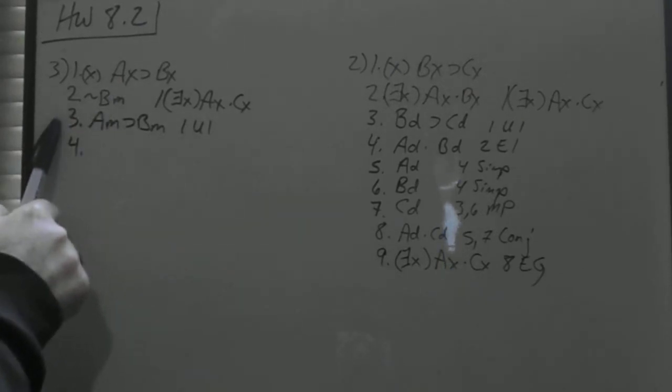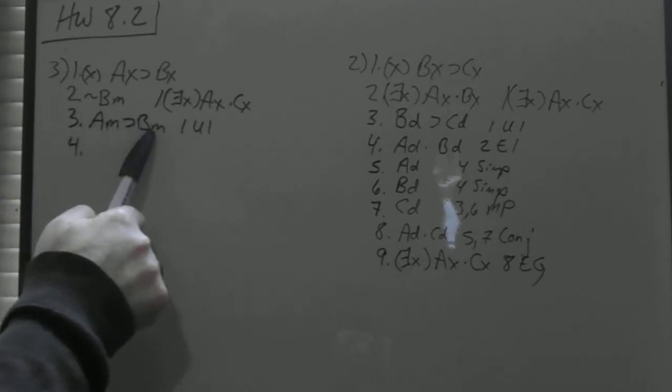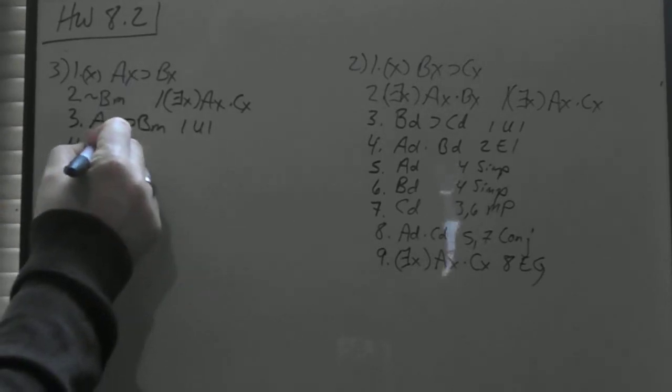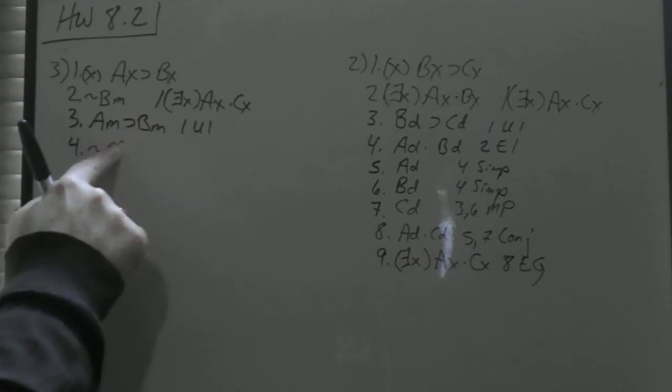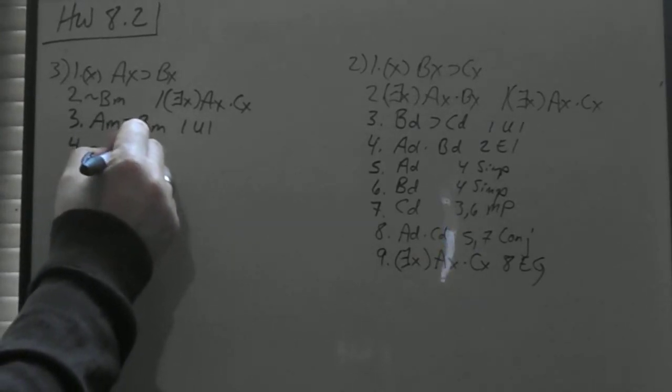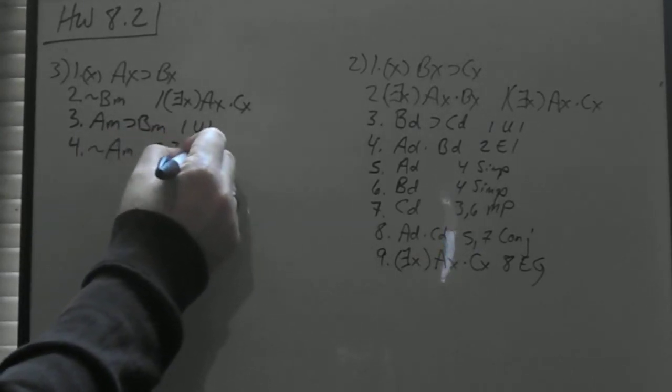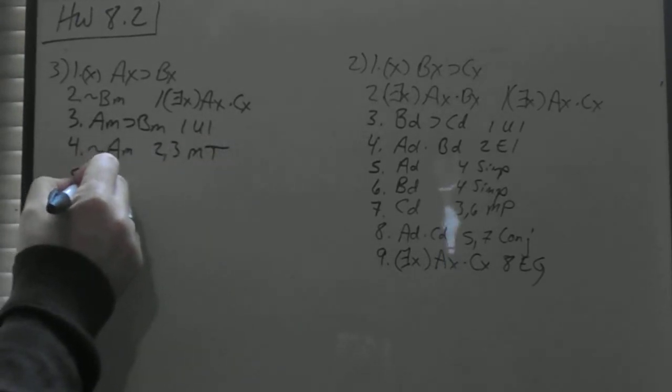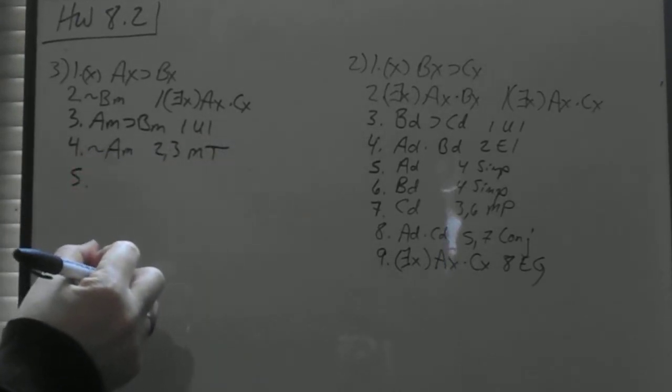And now 2 and 3 would make a modus tollens. If AM then BM, not BM, therefore not AM. 2, 3 modus tollens. All right.